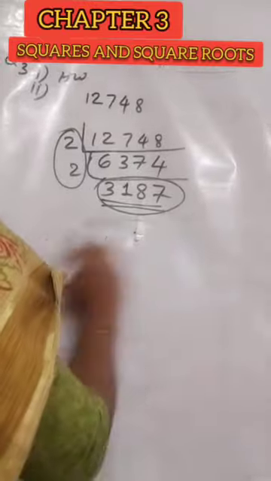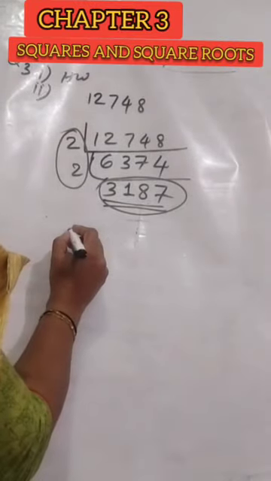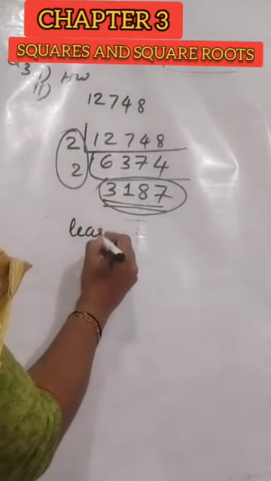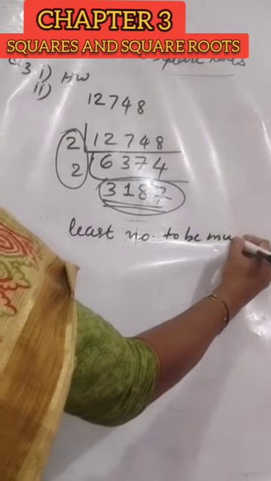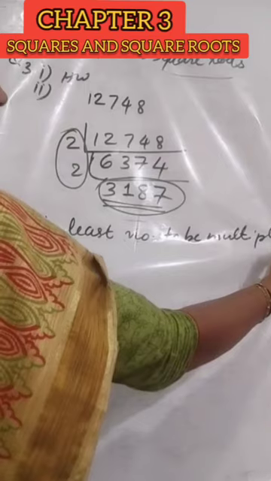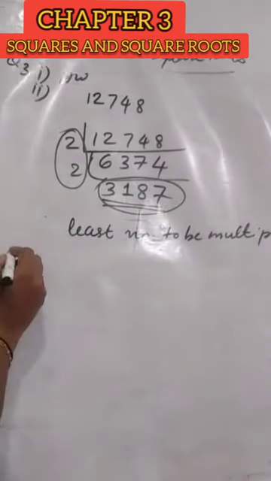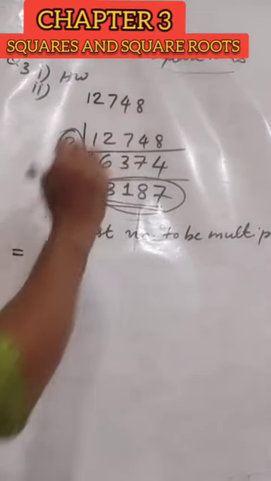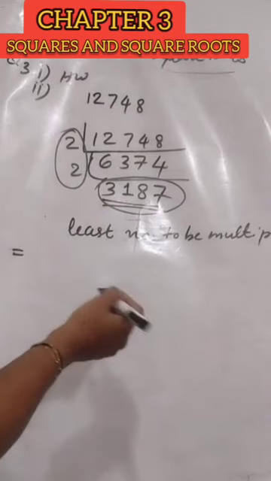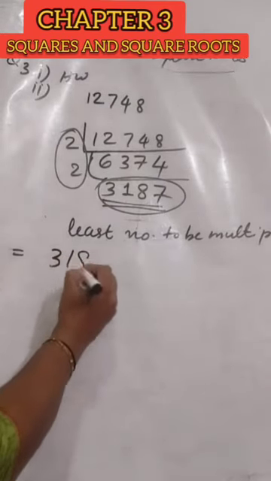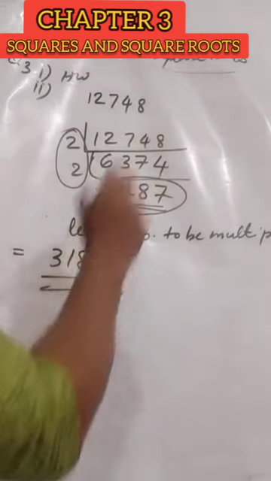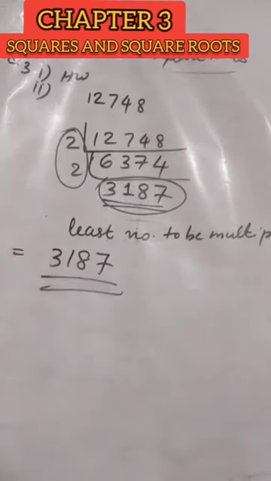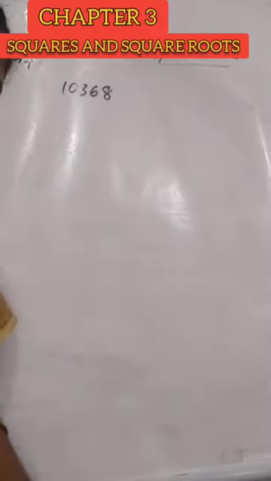Thus the least number to be multiplied so that this 12,748 becomes a perfect square number is 3,187. If we have the same number one more time, then only you can take the square root, no? So the least number to be multiplied is 3,187. Okay.